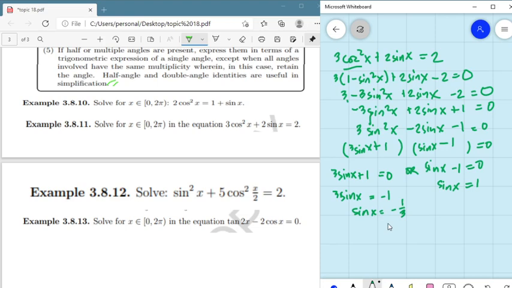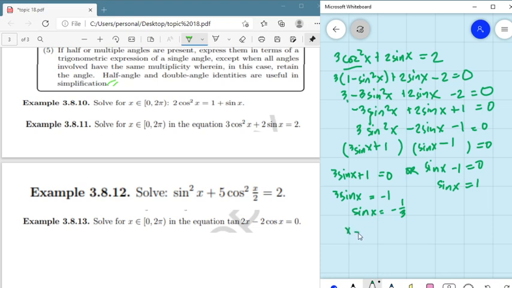Okay, for sine x equals negative 1 over 3, there is no such answer among the special circular functions, right?